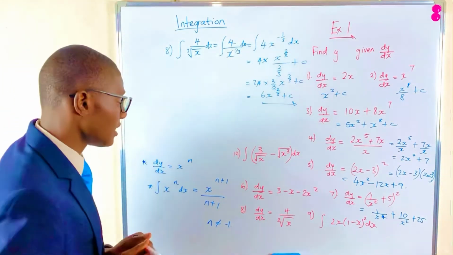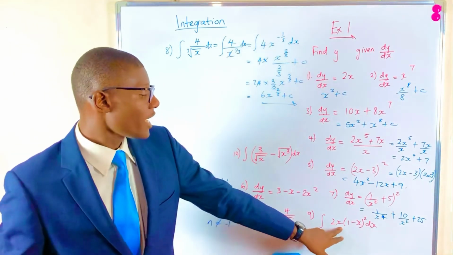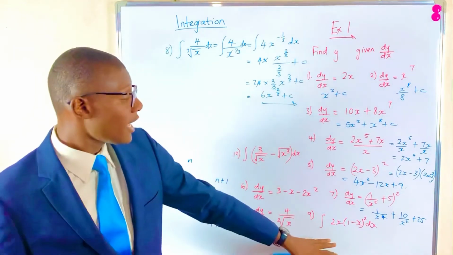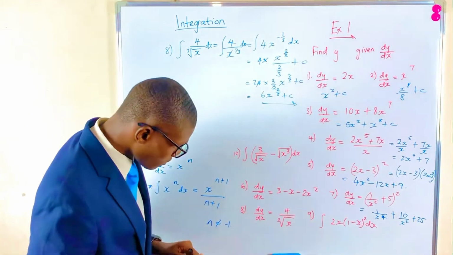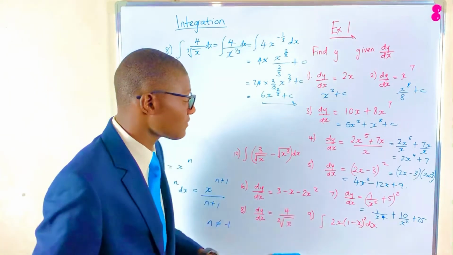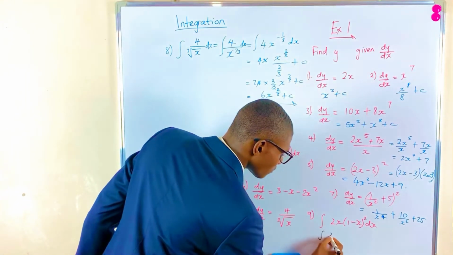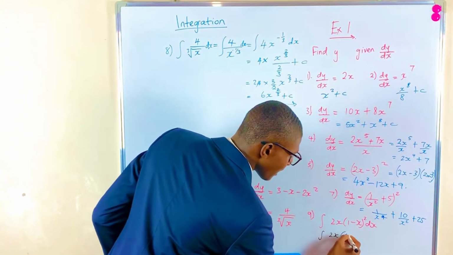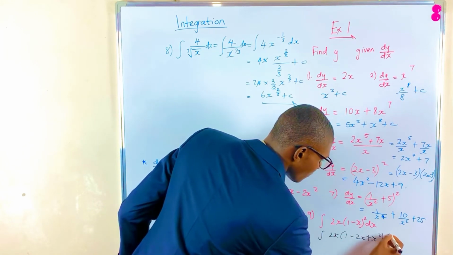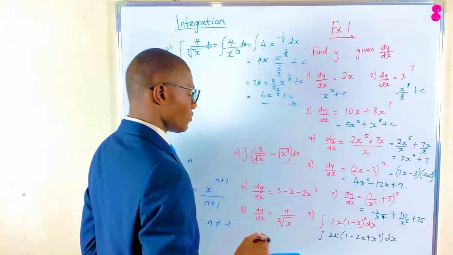There you have it. And then for number 9, we need to integrate 2x times 1 minus x squared. So first of all, we can expand here. If we first expand this, then multiply by 2x, we'll have the integral of 2x multiplied by 1 minus 2x plus x squared with respect to x, which you can now multiply throughout by 2x.